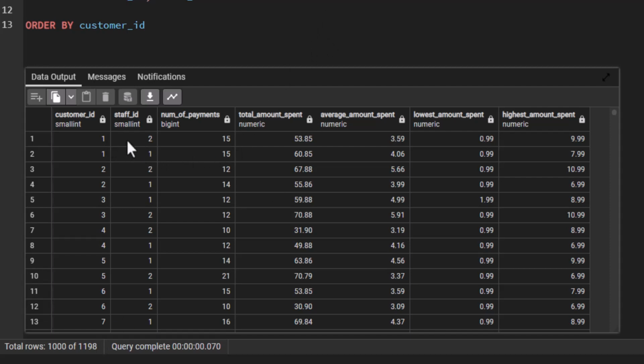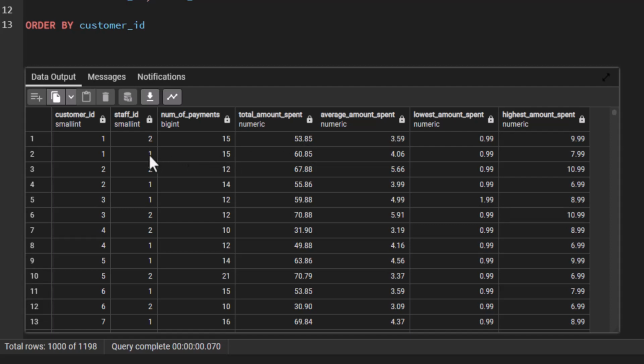You can see what we have right now. Customer ID 1 now is broken down by staff ID. You now have staff ID 2 and staff ID 1. So that means that customer ID 1 at some point was attended to by staff ID 2, and at some other point was also attended to by staff ID 1. When attended to by staff ID 2, the total amount spent was $53.85.